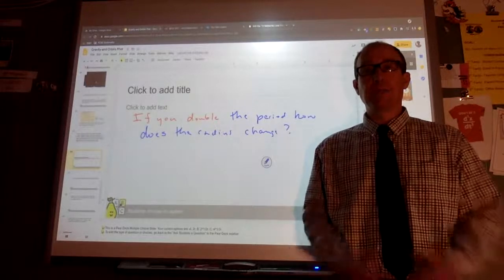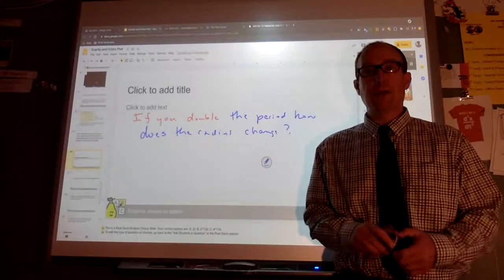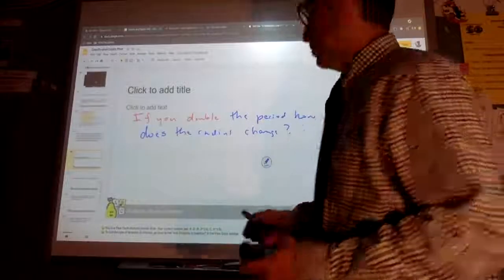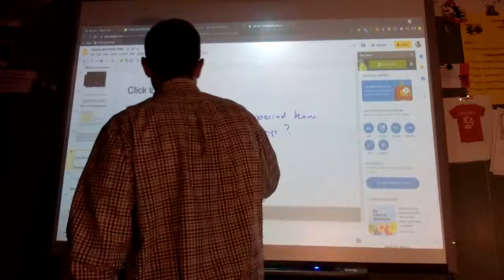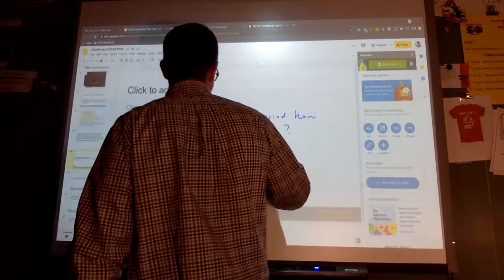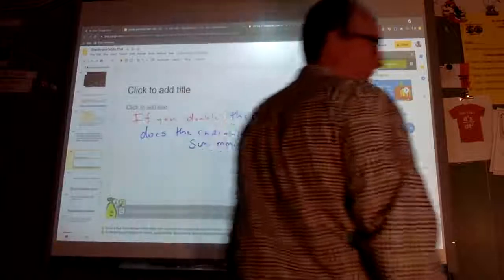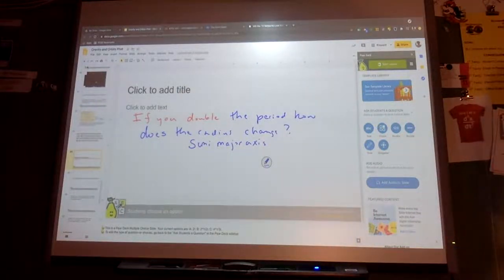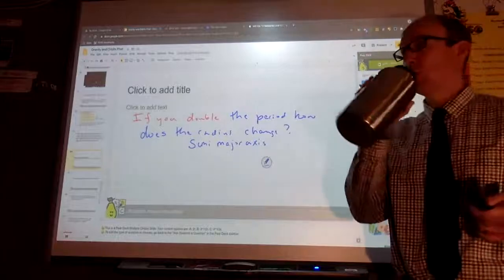It says if you double the period of an orbit, how does the radius change? This could also be our semi-major axis, which would be A, the thing we substituted from an ellipse into a circle.